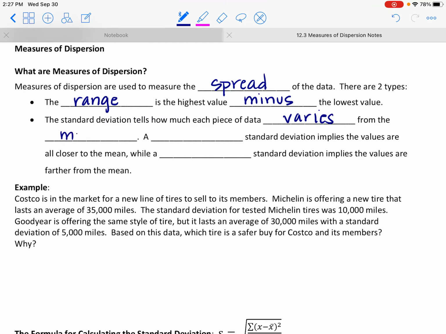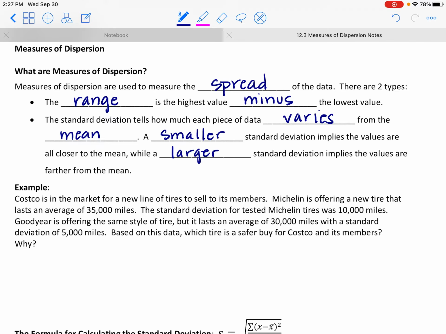How does it vary from the mean? Is it far from the mean? Is it close to the mean? And a smaller standard deviation implies that your values are closer to the mean, while a larger standard deviation implies the values are farther from the mean.